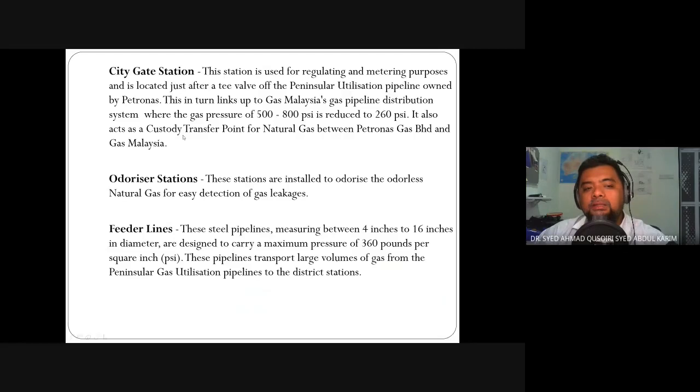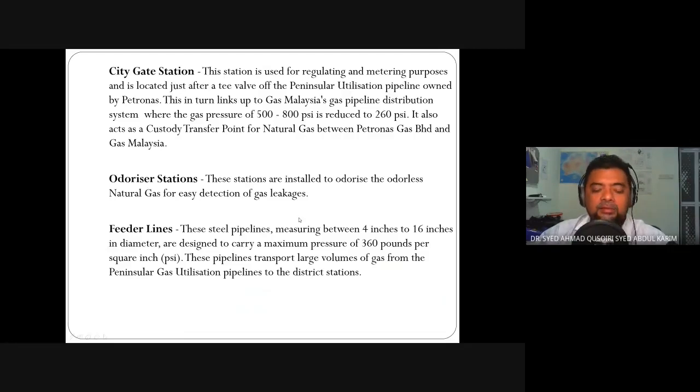It also acts as a custody transfer point for natural gas between Petronas and Gas Malaysia. The odorizer stations are there to put some sort of smell into the gas.